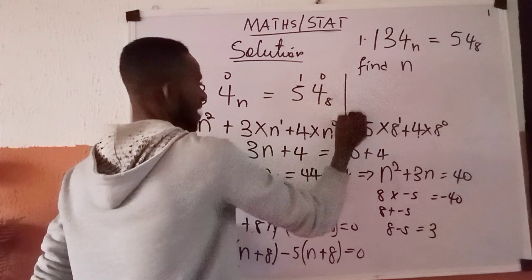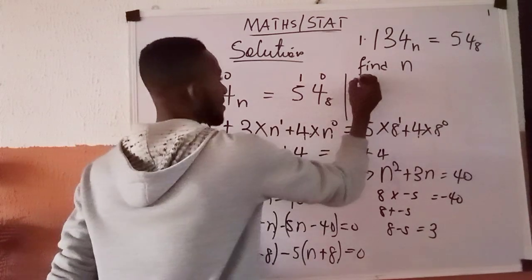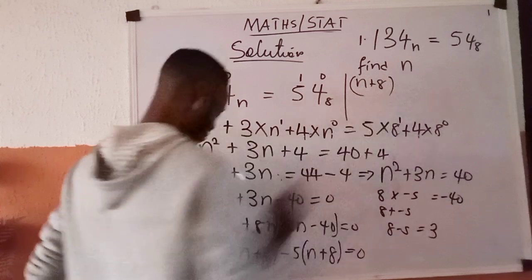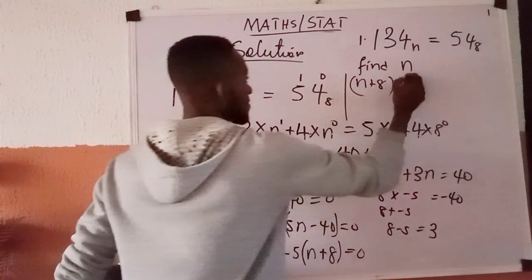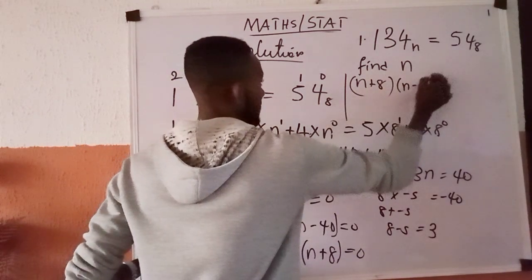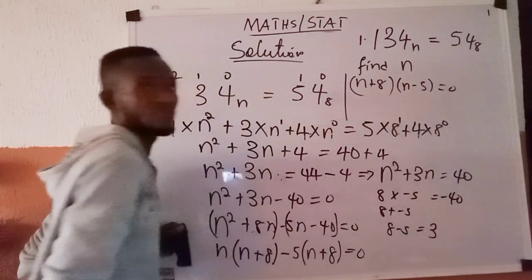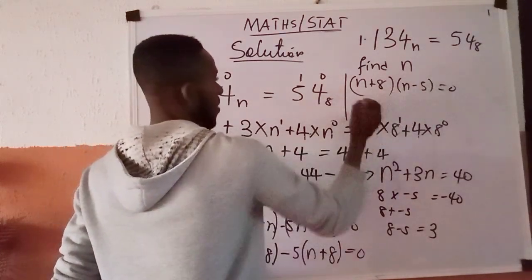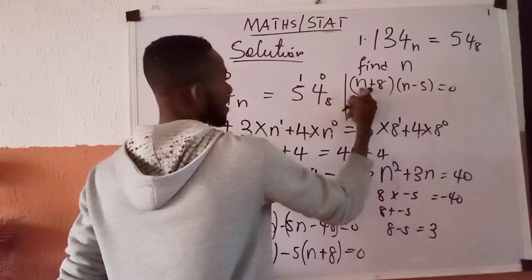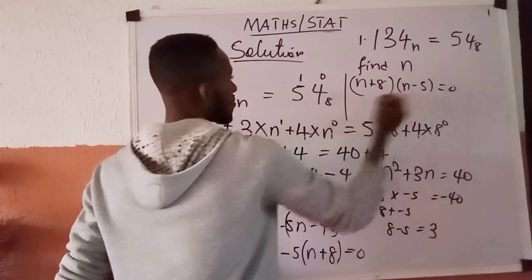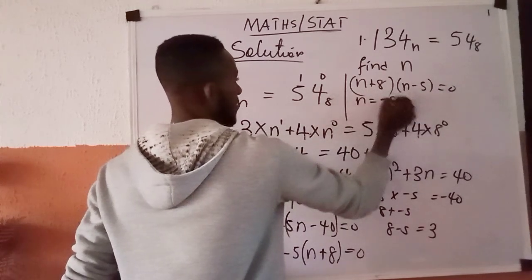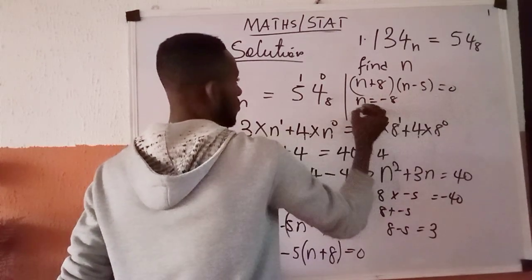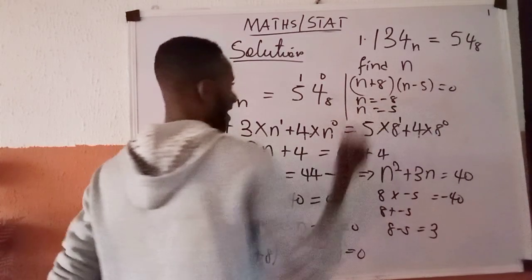You pick n plus 8 and you pick n minus 5 equals 0. When you solve this to be equal to 0, if you say n plus 8 equals 0, you are going to have that n equals minus 8. And if you solve n minus 5 equals 0, you are going to have that n is equal to what?